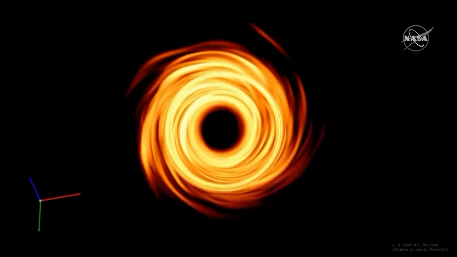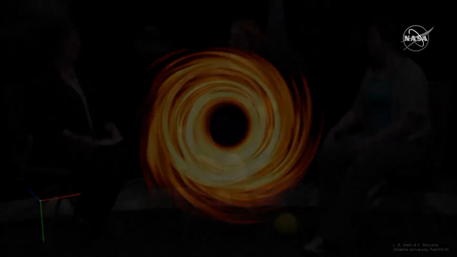So what you're seeing as we change our perspective with the black hole in this video is that light being bent around it as well. So we'd be able to see all of those dynamics if we had a little bit better resolution, or we were closer, but we can still get all of that information from the image that was taken last week as well.